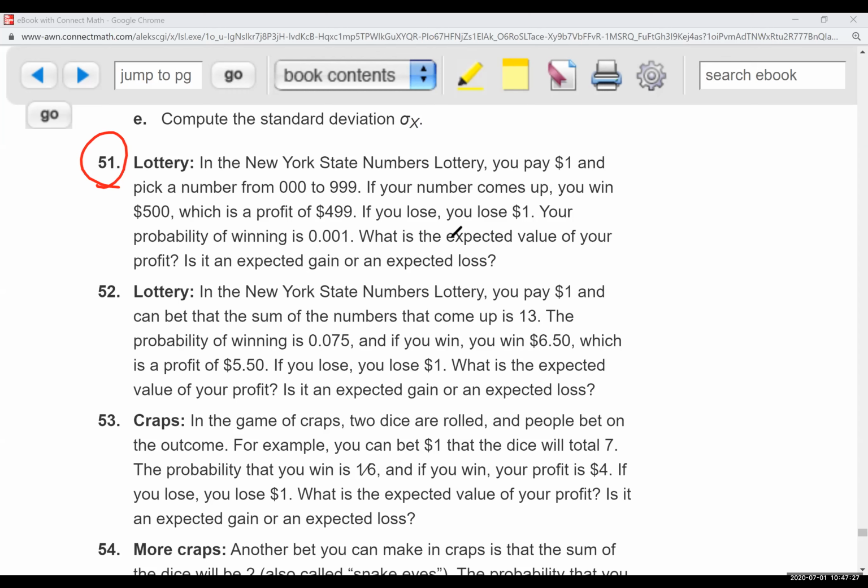It's just like what we did for expected value.